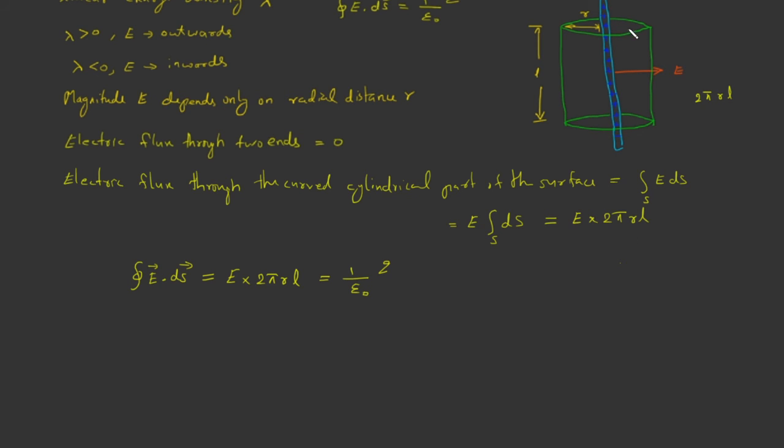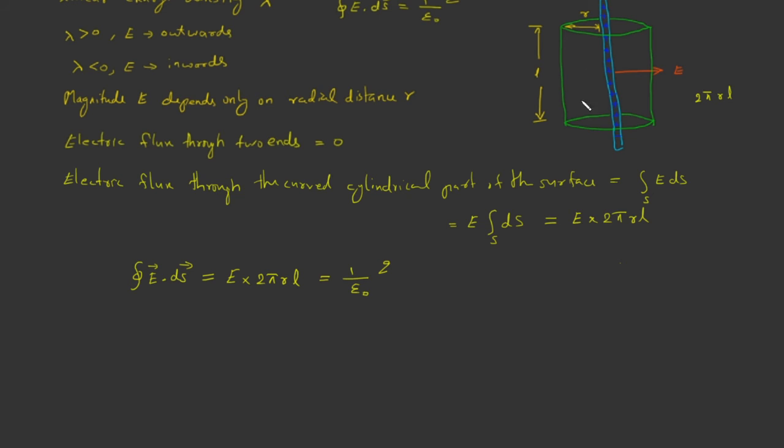Here the charge inside the Gaussian surface is the charge of the straight wire inside the Gaussian surface, and we know it is the charge of length L of this straight wire.